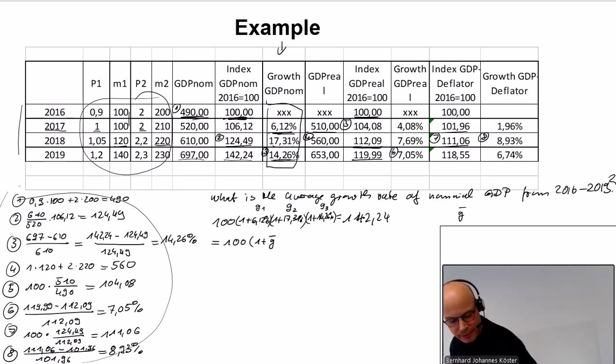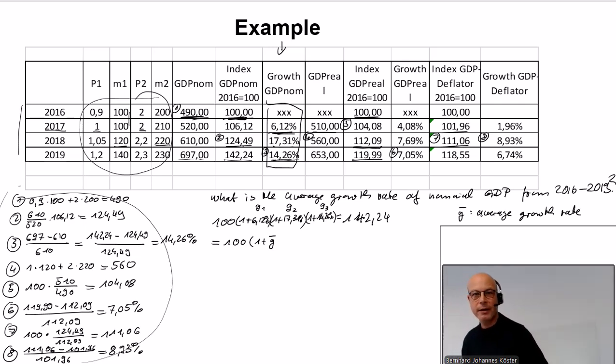So G bar should be the average growth rate in the first year. In the second year, it should be the same.